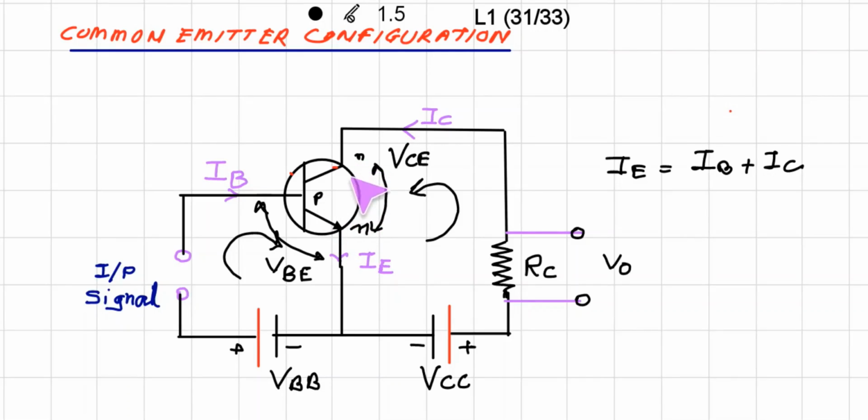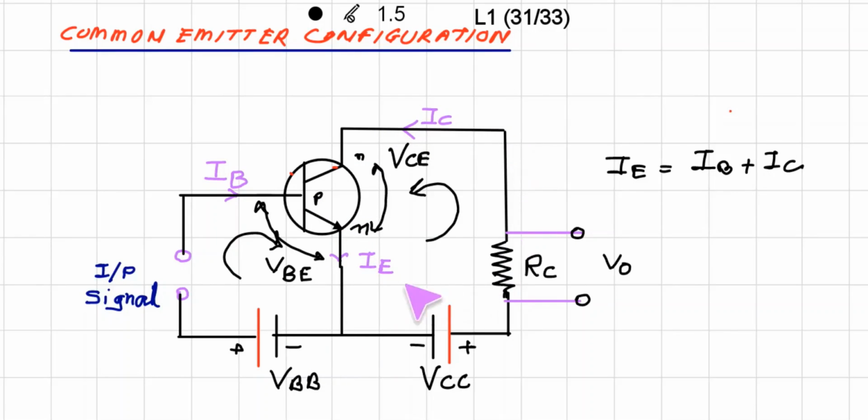As we see, this transistor is NPN type. So we know the condition that the base emitter junction must be forward biased. Accordingly we are connecting the positive terminal of the battery to the P region of the base and the negative terminal of the battery to the N terminal of the emitter.